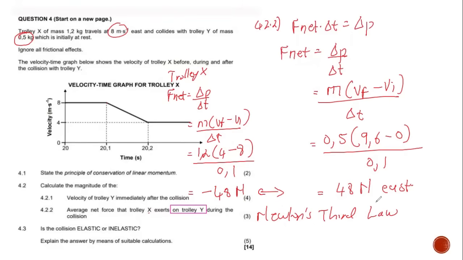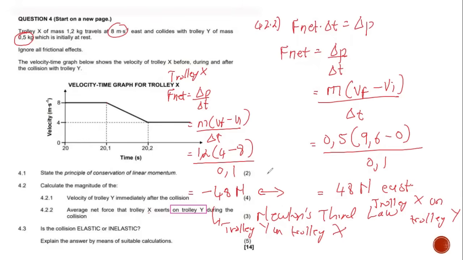As you can see here, this is Trolley X on Trolley Y. And then this here is Trolley Y on Trolley X, right? So note that they will have the same magnitude but different directions.